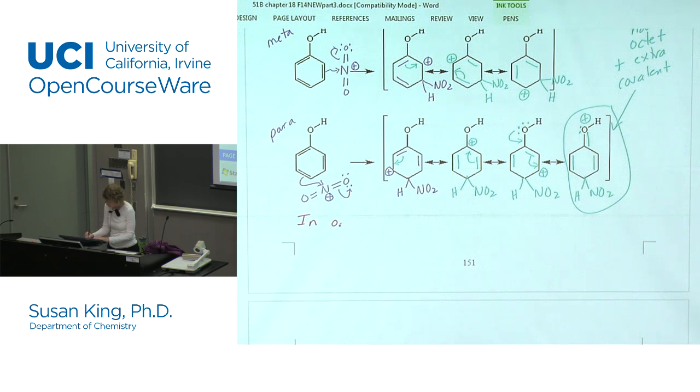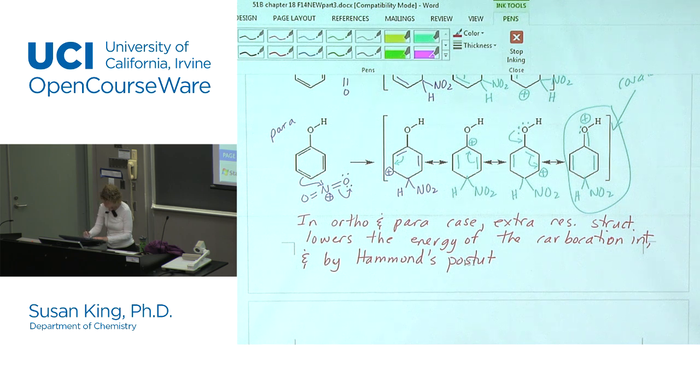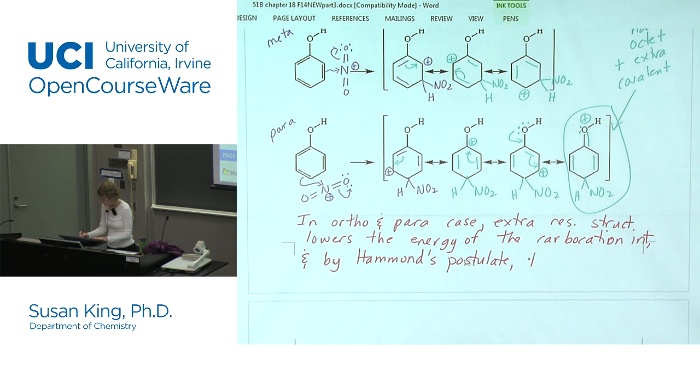In the ortho and para case, the extra resonance structure lowers the energy of the carbocation intermediate, and by Hammond's postulate, the transition state.